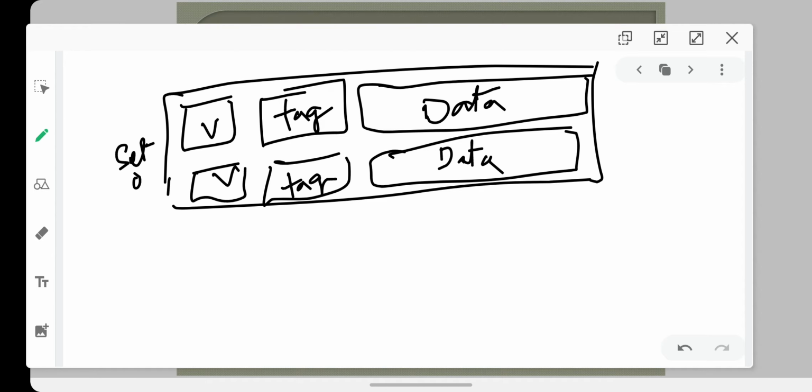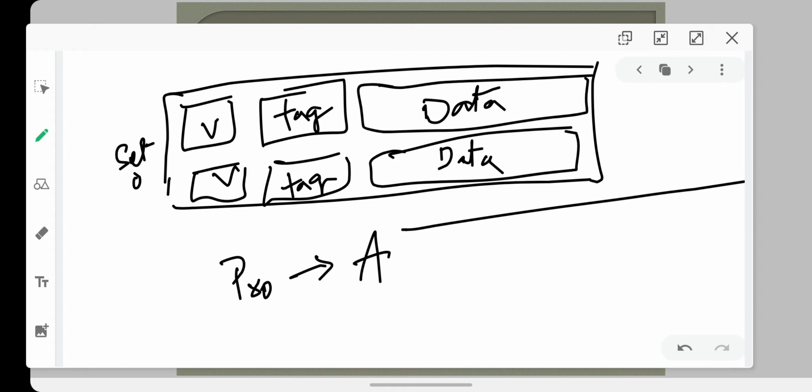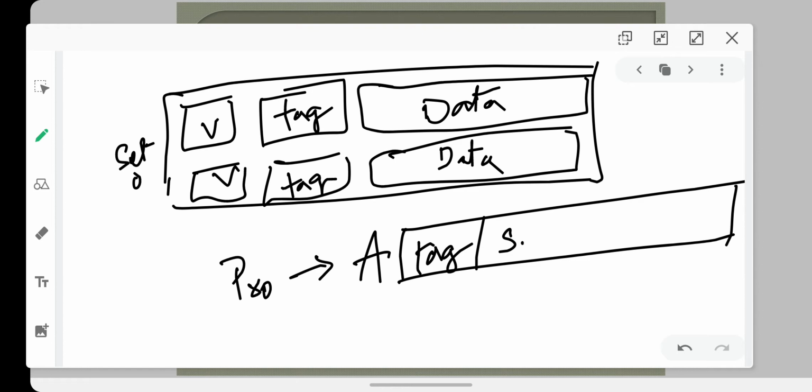Whenever the processor gives an address A, this address is divided into three parts: the tag bits, the set number and the offset.